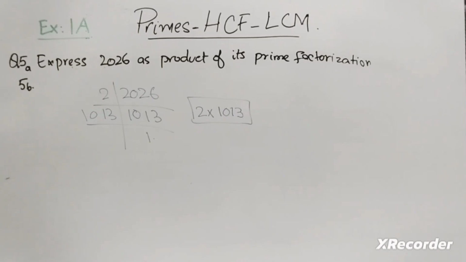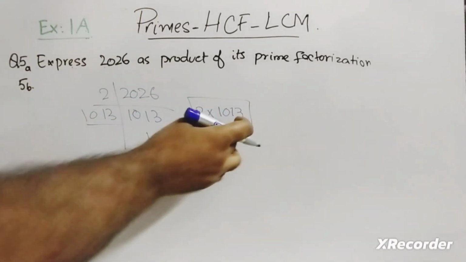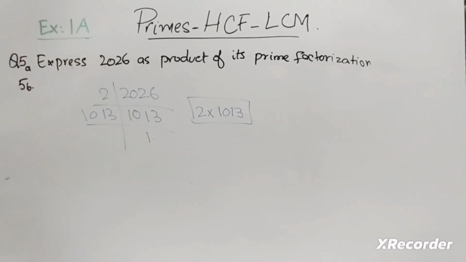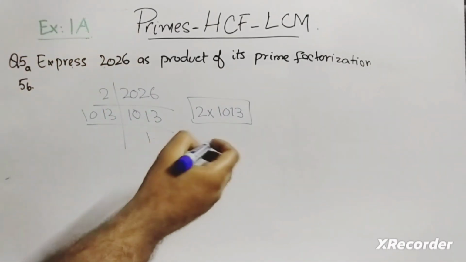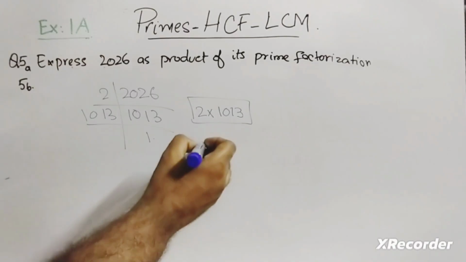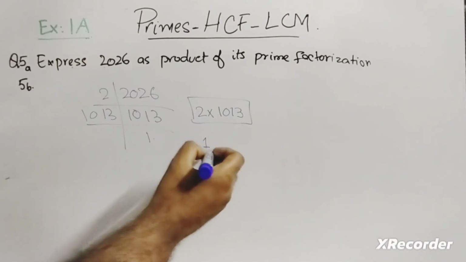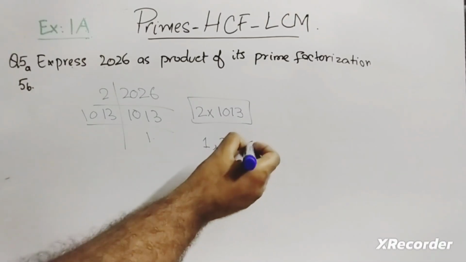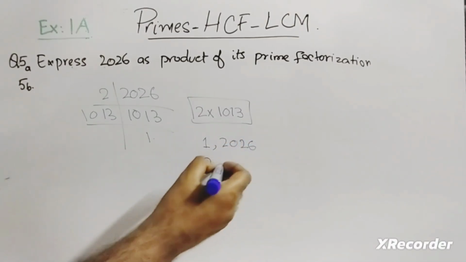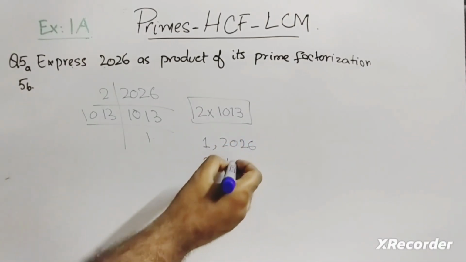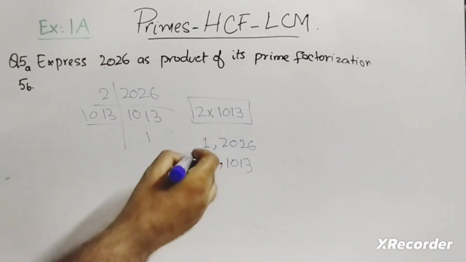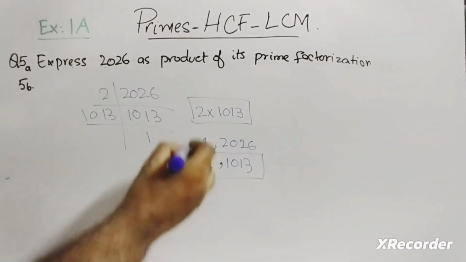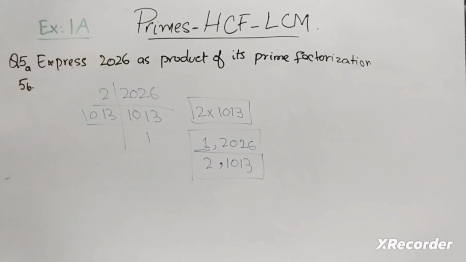So since 2 and 1013 are both prime numbers, the two factor pairs must be 1 comma 2026, or 2 comma 1013. So these are the two possibilities to write 2026 as a product of factors.